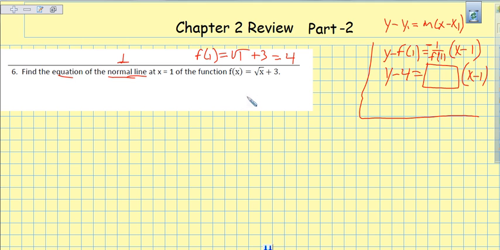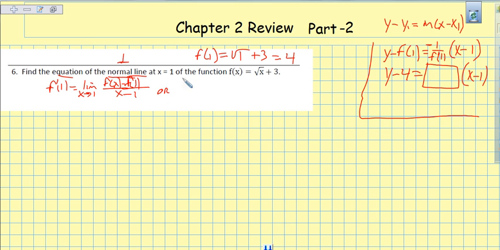So now we have a couple things we can do. We can either find the derivative at 1, which would be equal to the limit as x approaches 1 of f of x minus f of 1 all over x minus 1.